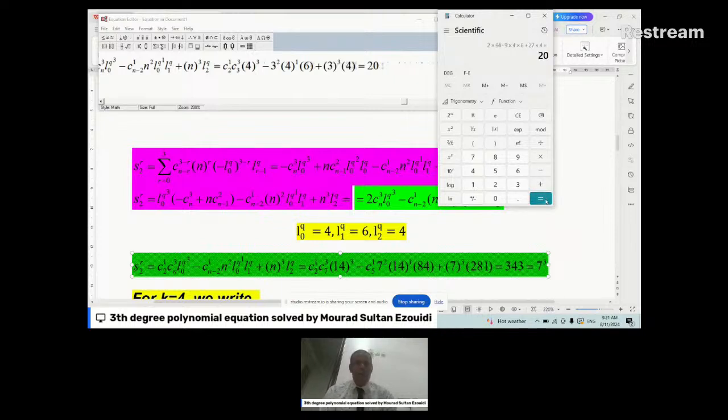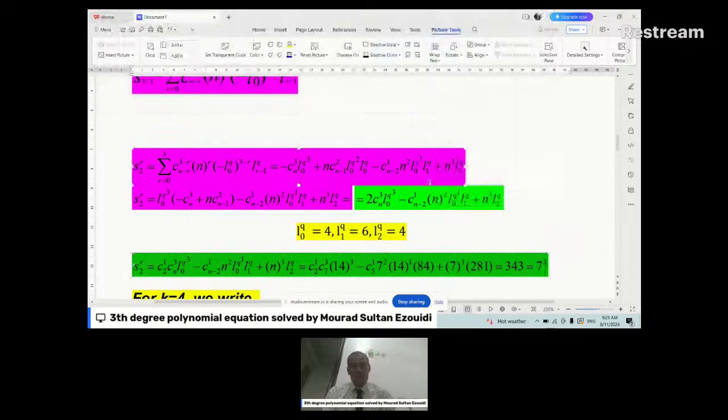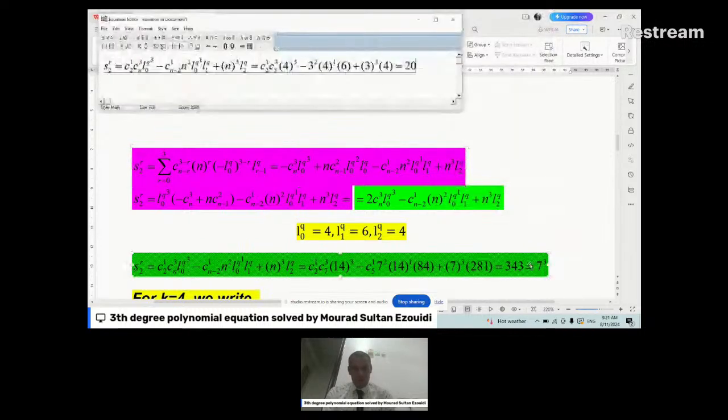Okay, this one has to be equal to 20. Therefore, this is equal to 20.